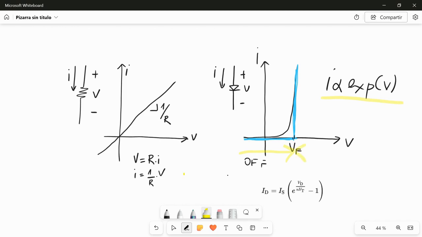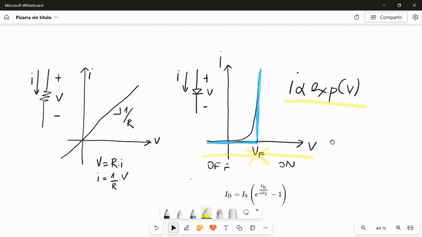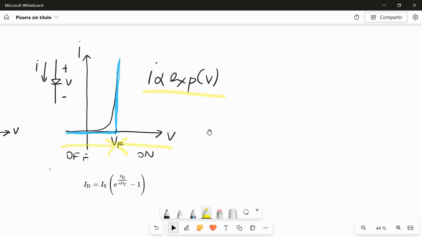Above VF, the diode is in the on state, so we have some value of current on this line, and a fixed voltage VF. Recall again that the real curve is the black one, but we don't care about the real exponential curve, and we approximate the behavior of the diode with these two segments. So we have two linear segments which approximate a nonlinear function.